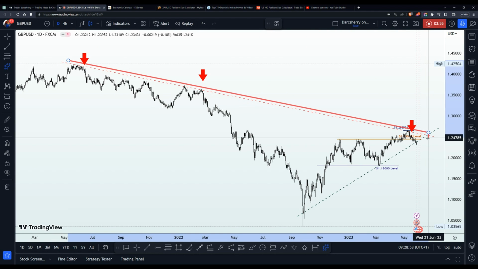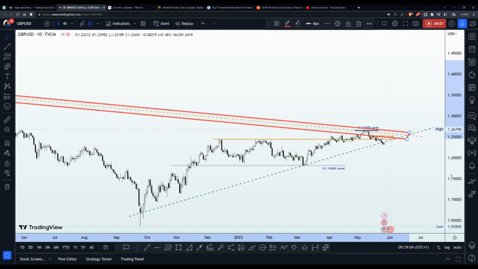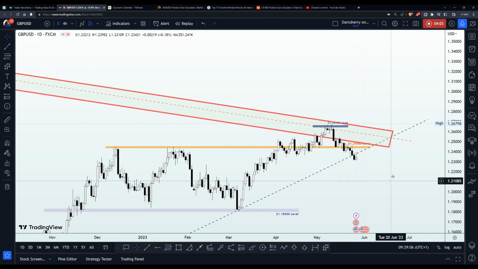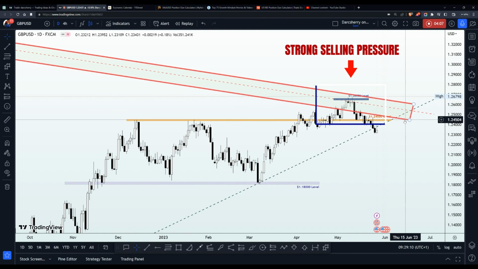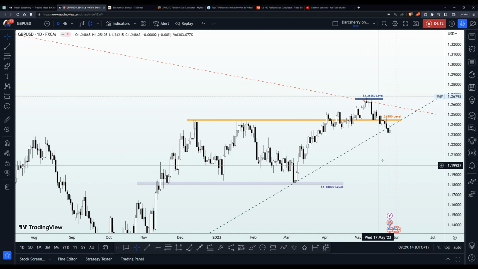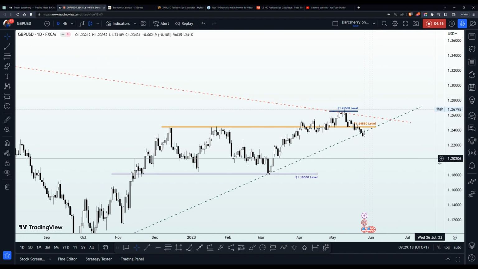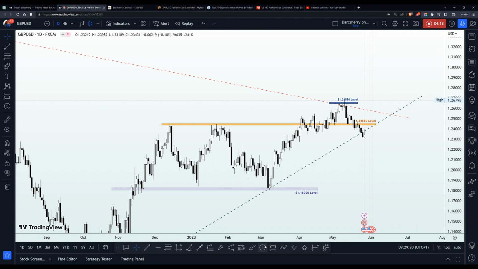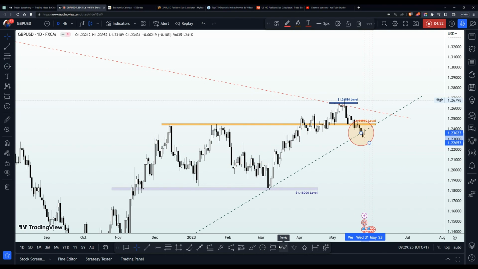The fact that selling pressure resumed along the trend line again, I think a couple of weeks ago, gave us an insight into the potential that the sellers have in this market. As a result, we saw price drop back into that bullish trend line, which you can see here, giving us a situation where we are at a critical point in this market.